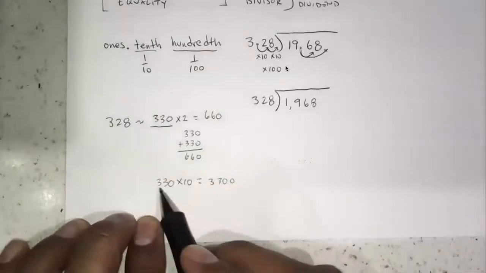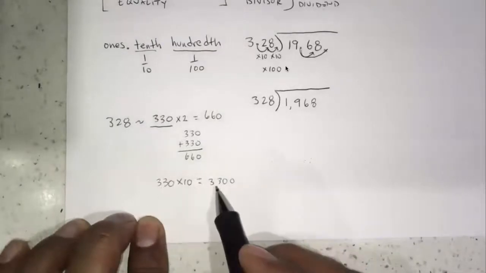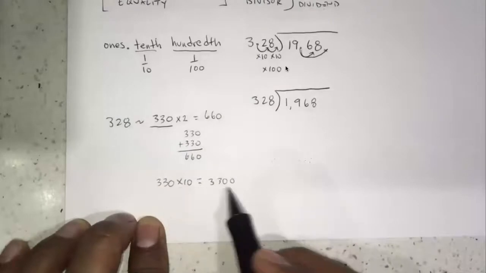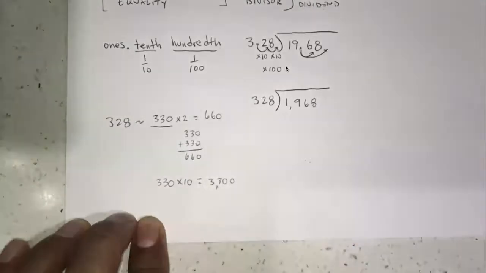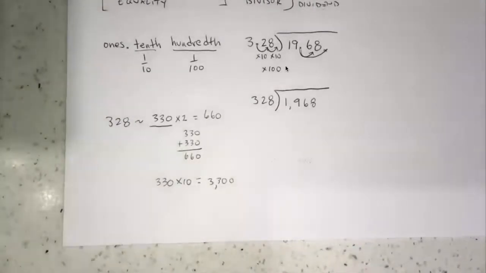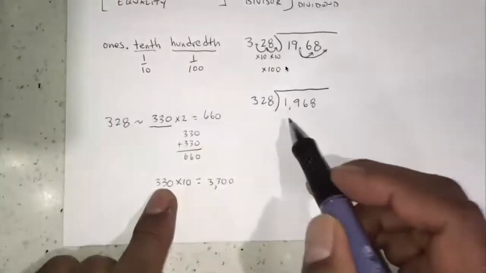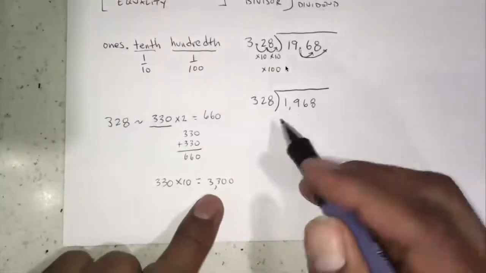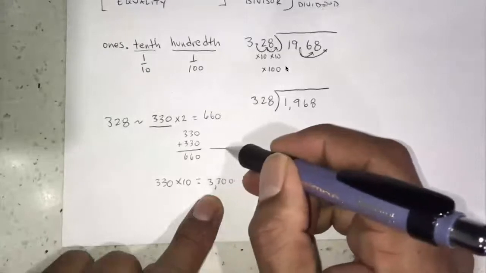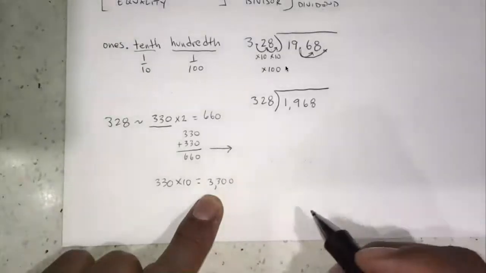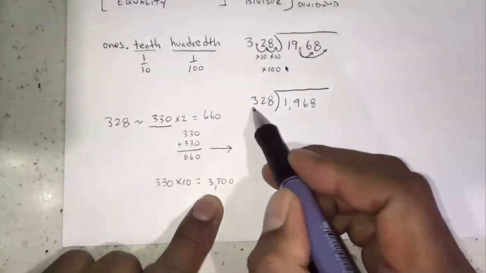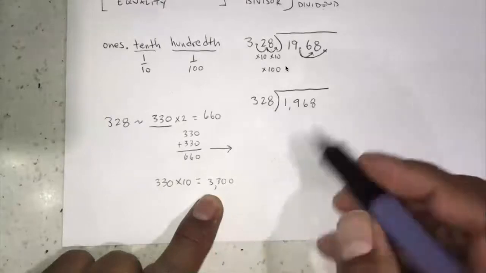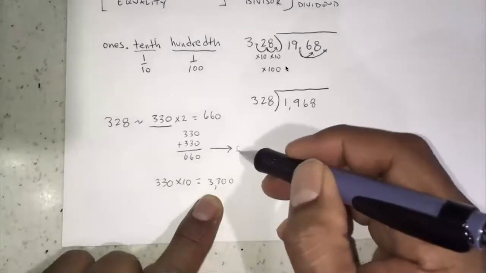So this would have been 33 times 1. And because we ignored 2 zeros, we add them at the end, and that becomes 3,300. So 330 times 10 is too large a number. That means that the multiple that I multiply by the divisor to give me my dividend is somewhere in the middle. I'm going to try 5.